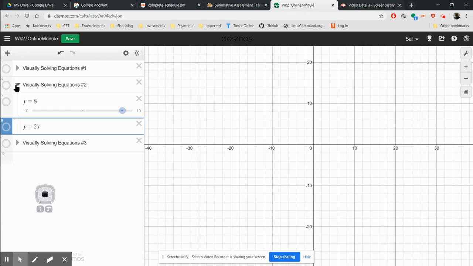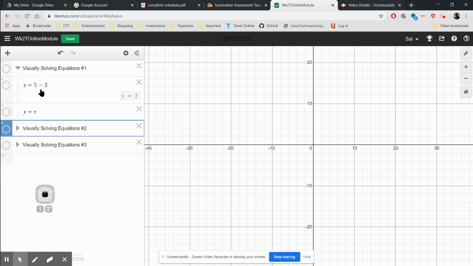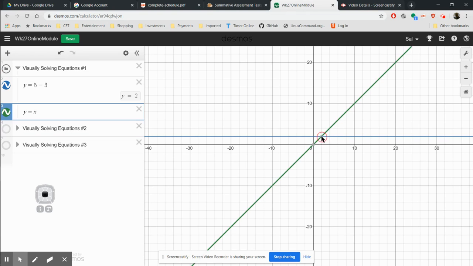And for the last one, very simple: if 5 minus 3 is equal to x, the only time they are equal is when my input is 2, and obviously my output is 2. And that is visually solving an equation. In the next video, we'll summarize everything that we've covered.